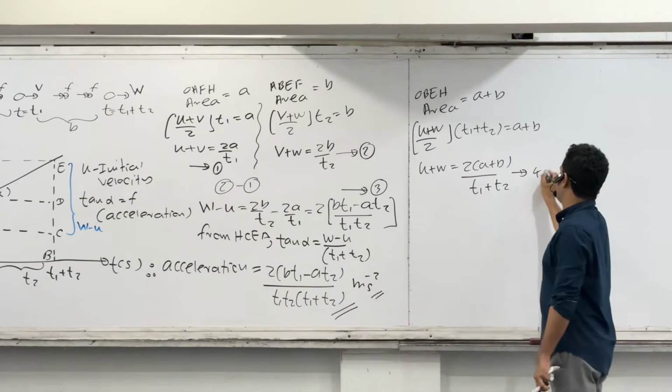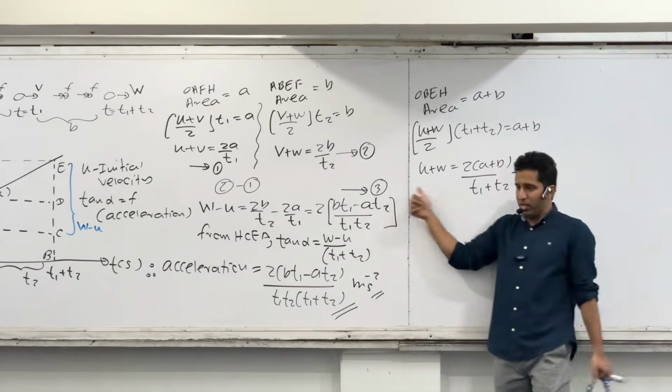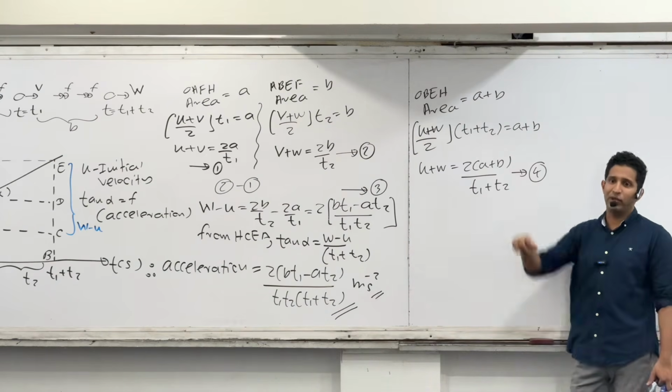Take this equation as 4. Now you can use equation 3 and equation 4 to find U, the initial velocity.